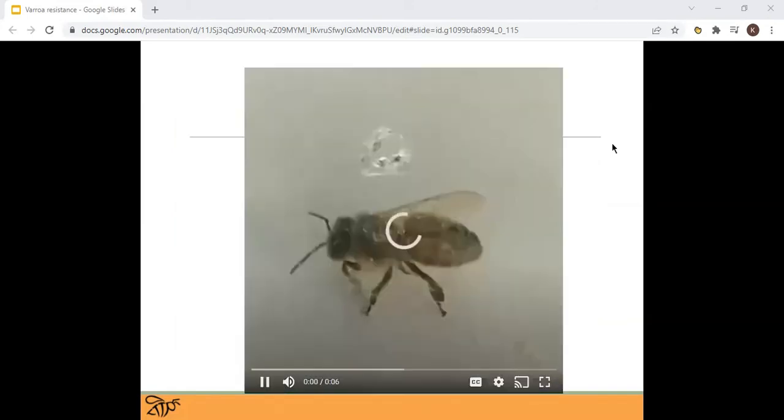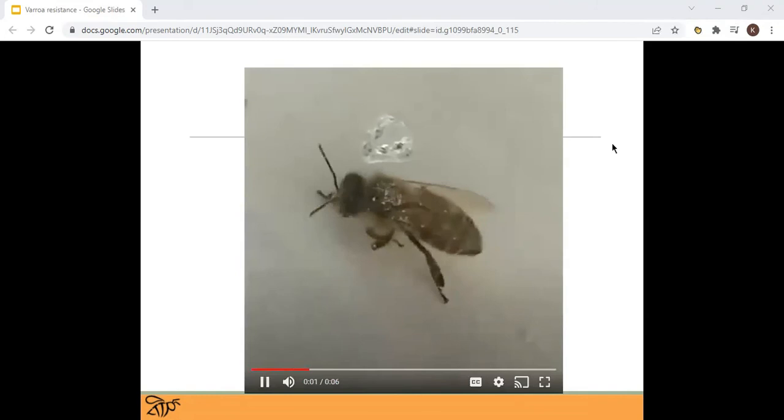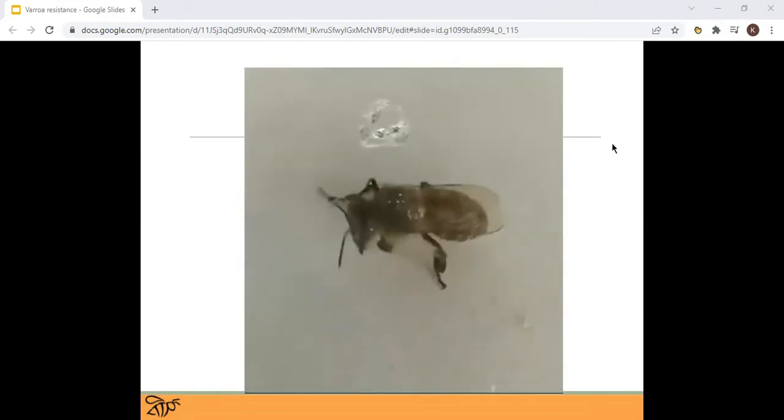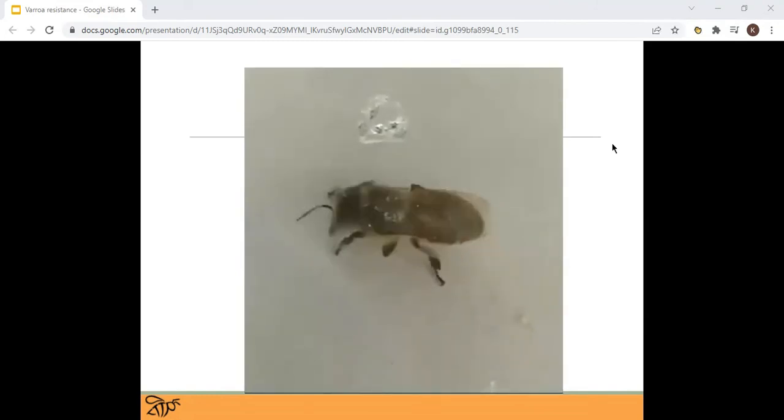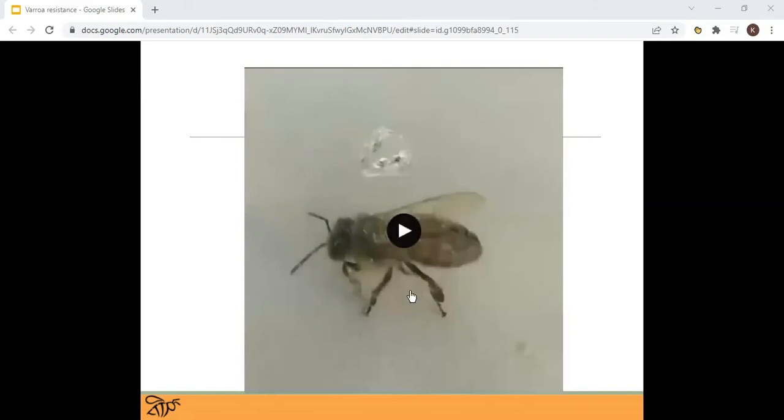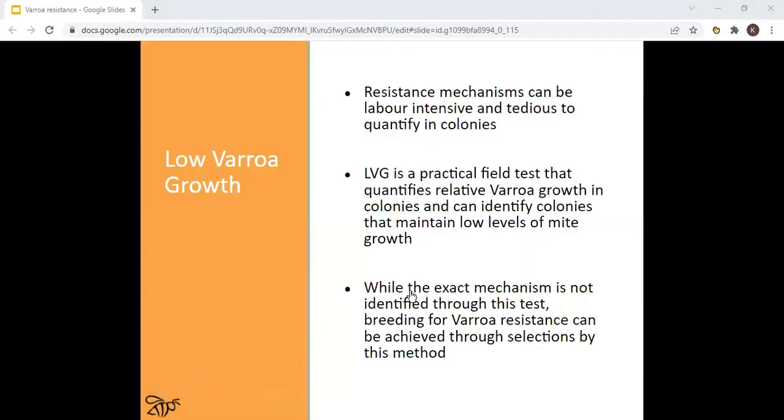These videos were supplied by Dr. Nuria Morfin from the University of Guelph, where they did quite a lot of research into grooming behavior. So that was a quick little video showing them observing the bees grooming themselves, the number of legs, the length of time, etc.